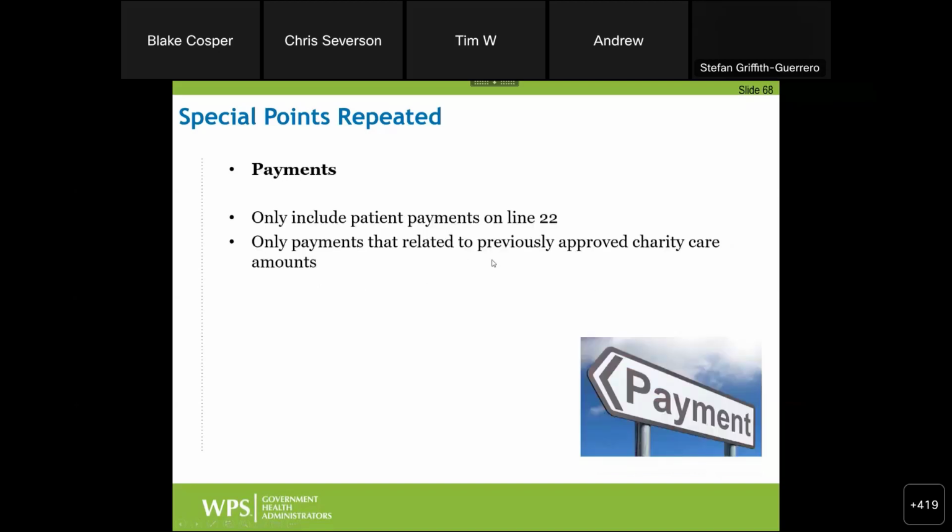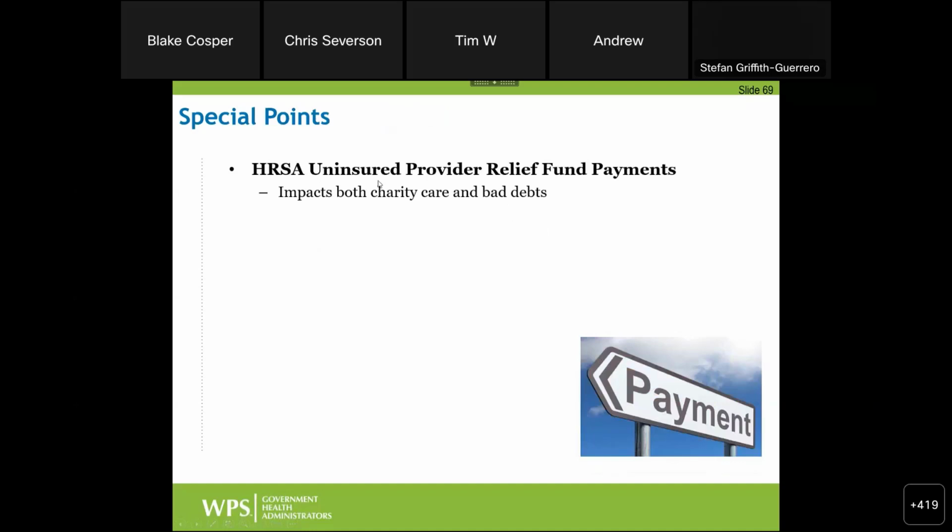Payments, again, we hit on payments quite a bit. HRSA is an issue that is becoming less and less important for this payment because they're running out of funds anyway. But CMS did require us to look at this, and depending on the year you're dealing with, we might still need to be looking at this. Basically, if you have a claim where the patient or the claim part of it was paid with this HRSA uninsured provider relief fund payment, then that payment, even if it's only a portion of what the claim amount would have been, is considered payment in full for that type of service.